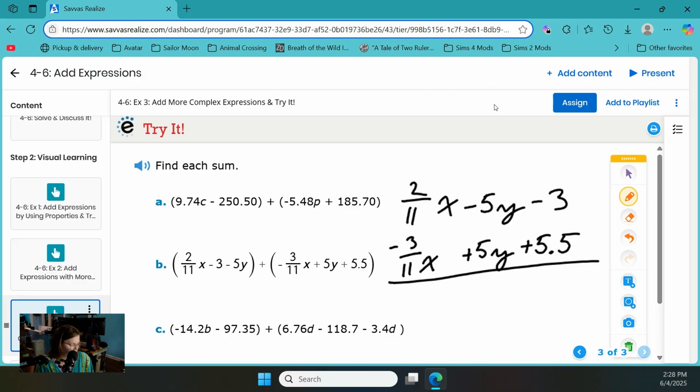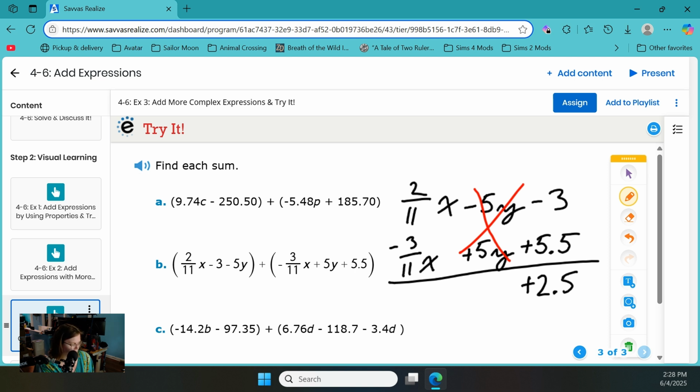All right. So starting at the right, if I do negative 3 plus 5.5, I get positive 2.5. Negative 5y plus 5y would just be 0y. So instead of writing anything, because I want my answer in standard form, I'm just going to cross that out.